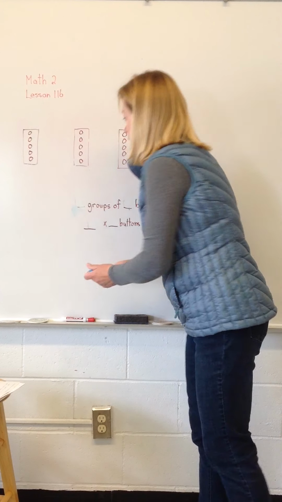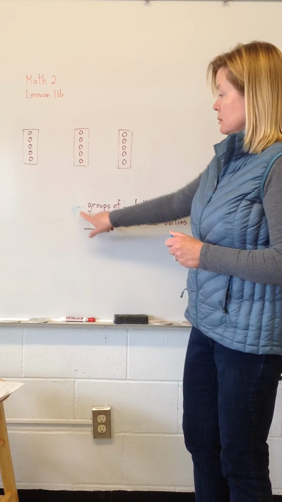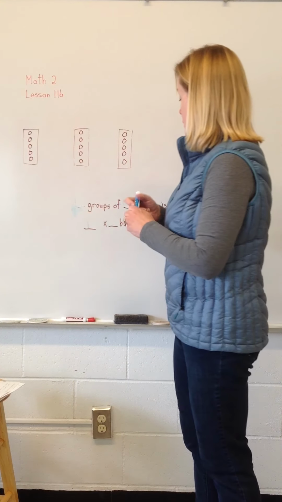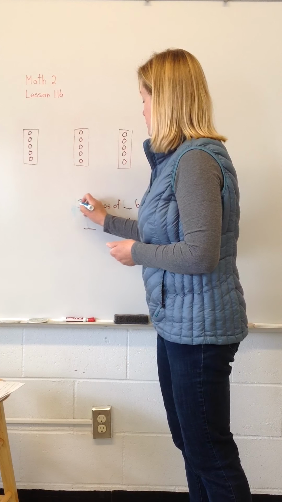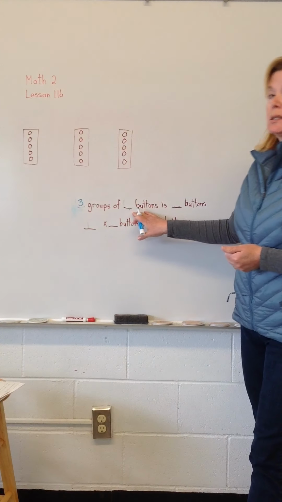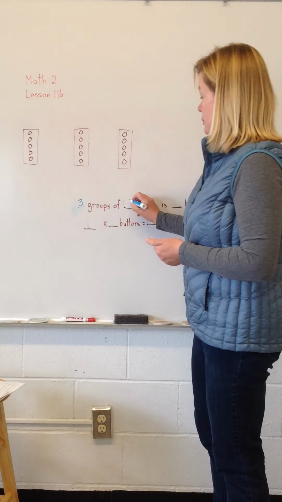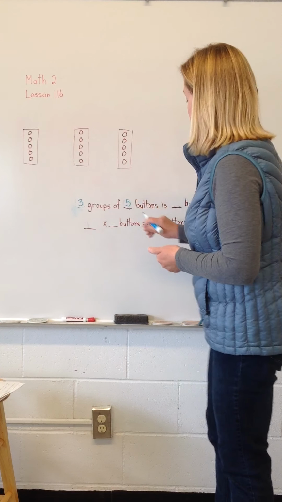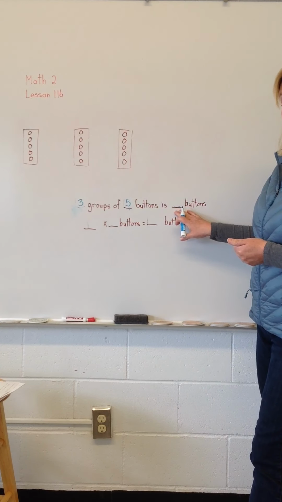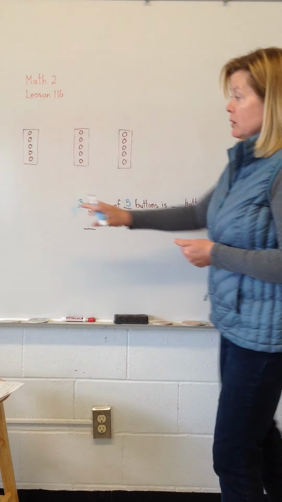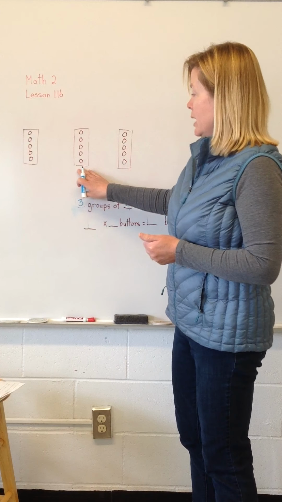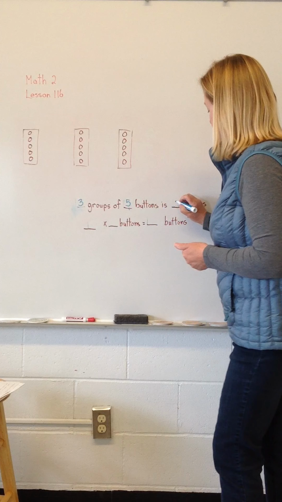How many groups do I have? I have 3 groups. How many buttons in each group? 5. So how many buttons is that altogether? Count by 5s with me. 5, 10, 15.